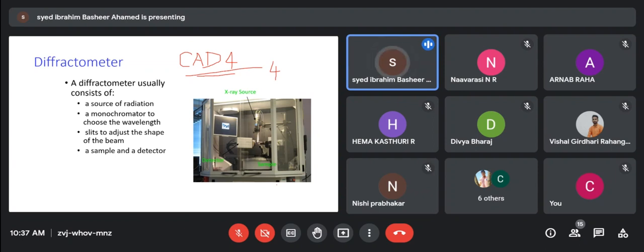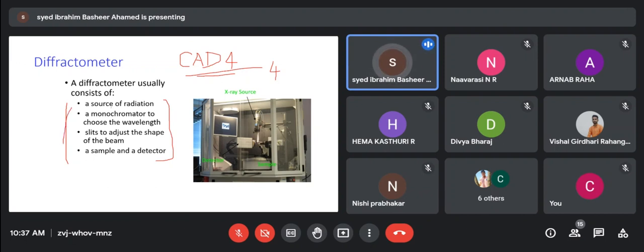This machine was still used in the 20th century, but during that time people invented other machines, where a more developed version of the diffractometer was made for small molecules.